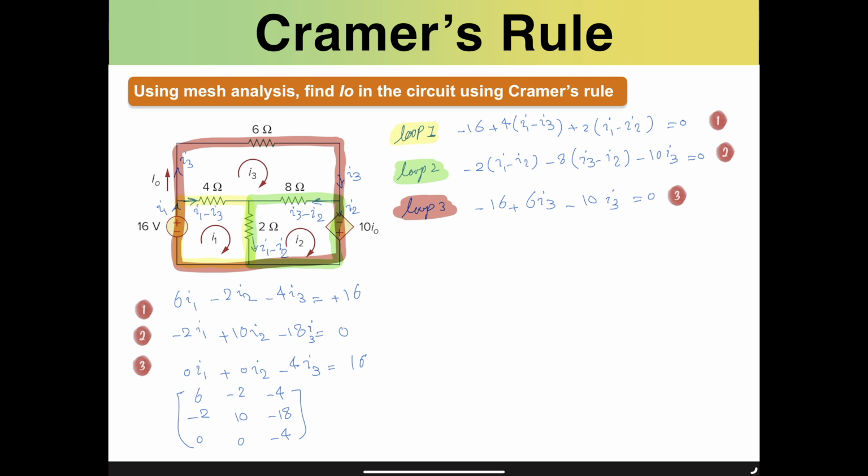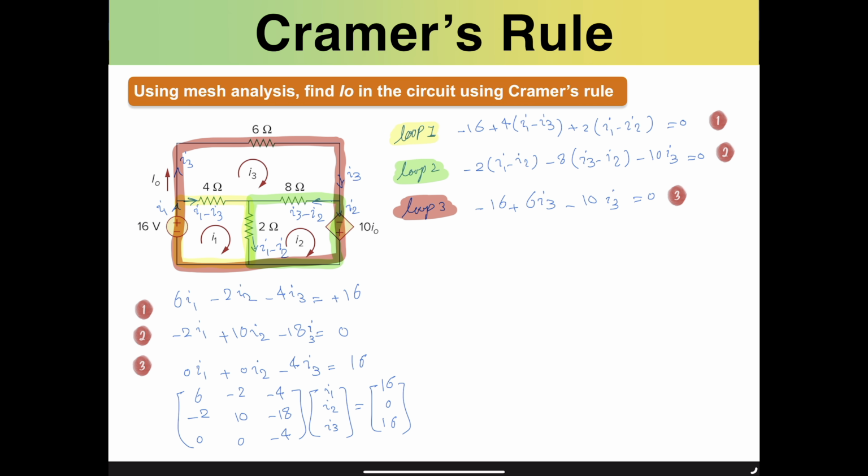So this is going to construct our matrix of coefficients, which is going to be multiplied by the column of unknown variables, or in this case, I1, I2, and I3. Lastly, we have the constants, which are 16, 0, and 16. So these are the new matrices that we have.